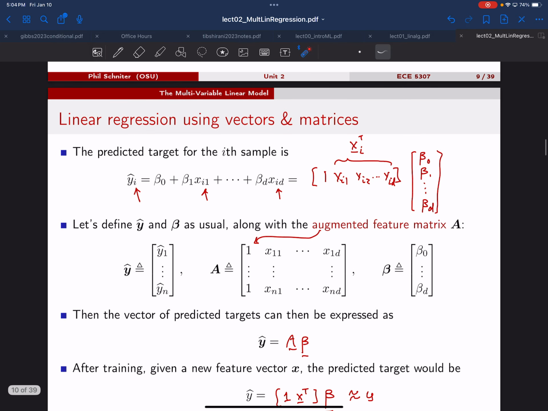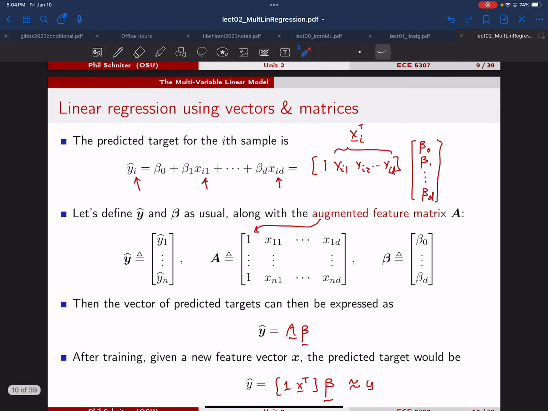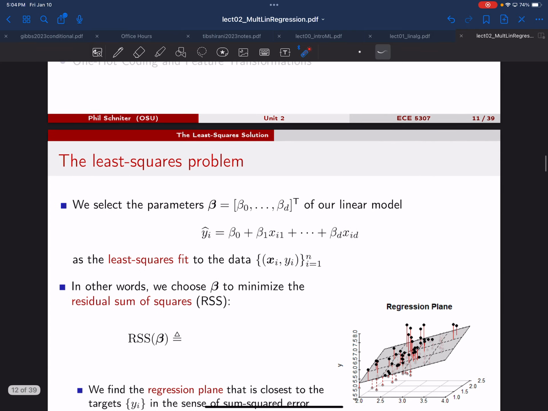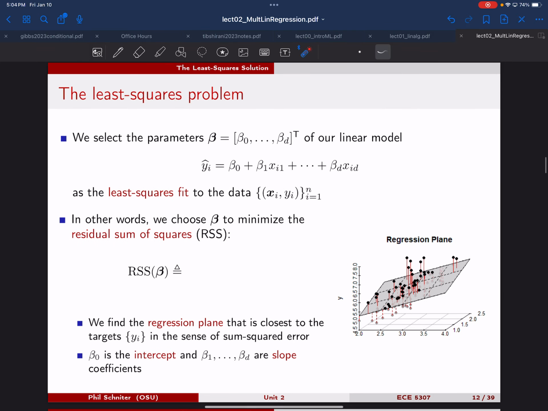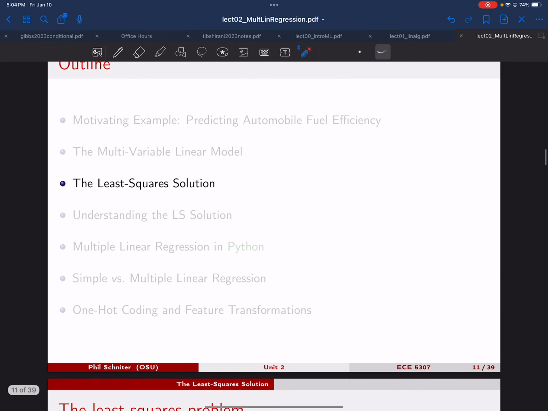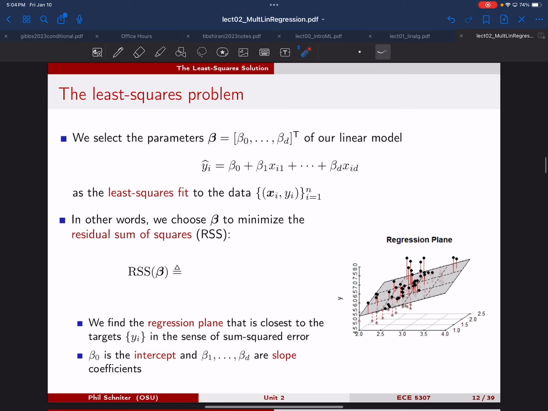Any questions on what we've done here? So we're sort of putting our pieces together. Let me just do one more slide. So this is the model that we have established. This is how we're going to do our least squares fit. Our objective is to choose the different betas that somehow are a good fit to our model.